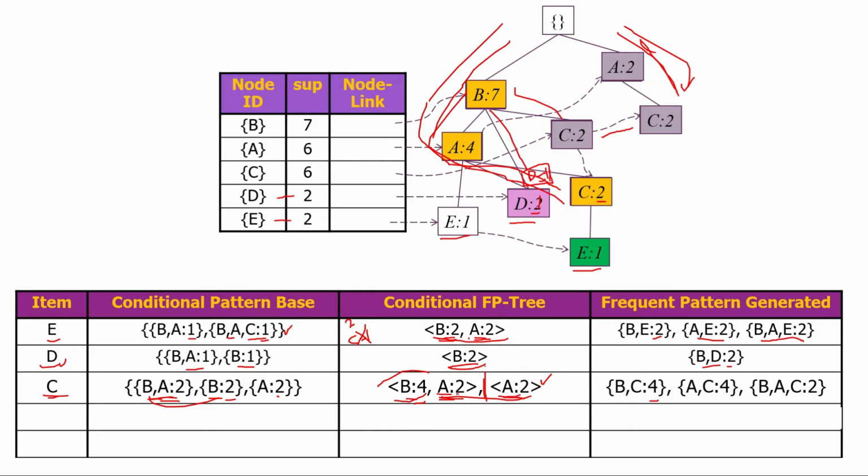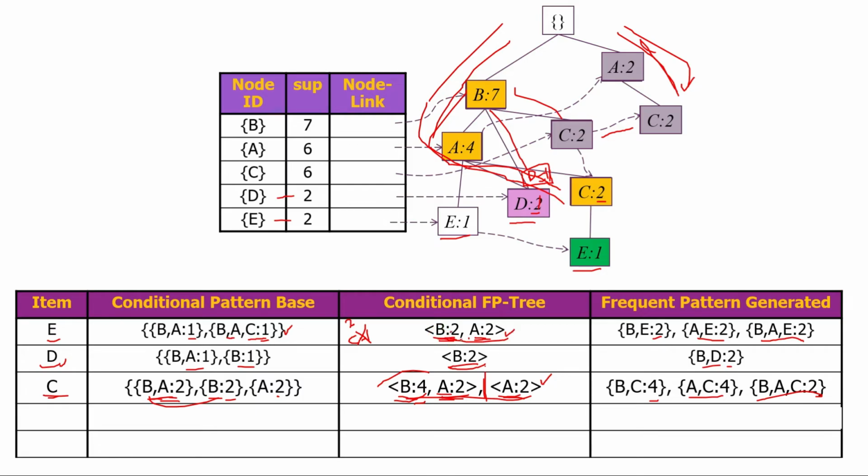A2 and A2 we get AC of 4, and then for this BAC we get BAC 2.